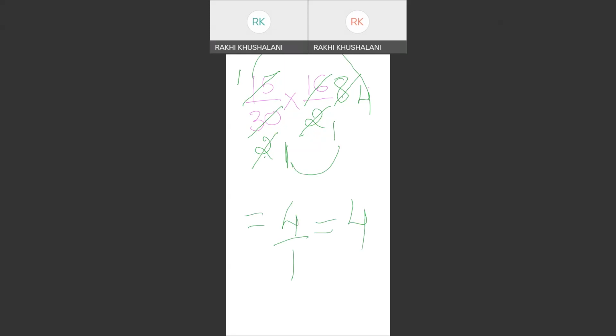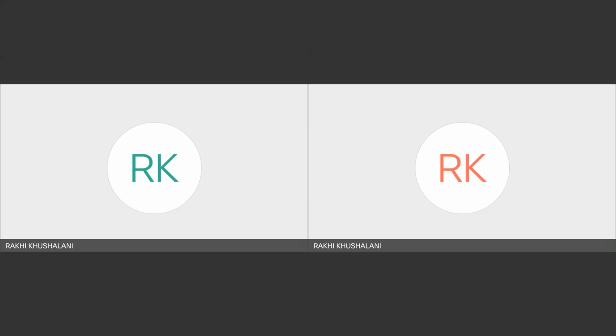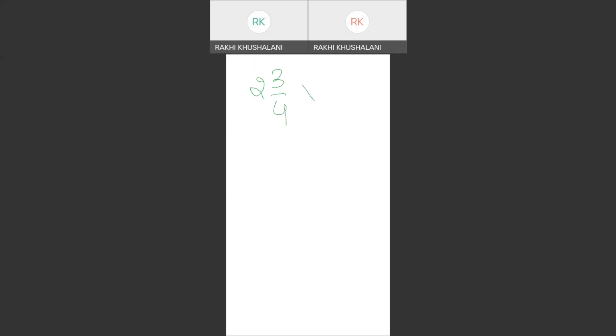I hope you all are getting this, children, because you have to learn this method. Now, suppose I have one more type of question where they give you both the fractions as mixed fractions. 2 3/4 into 1 1/8.